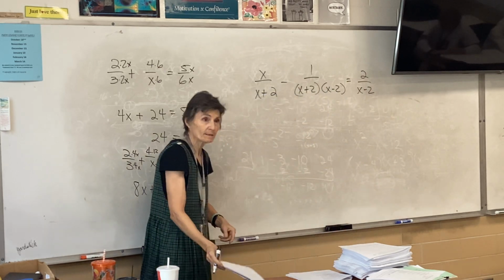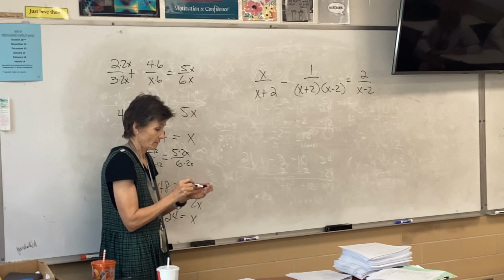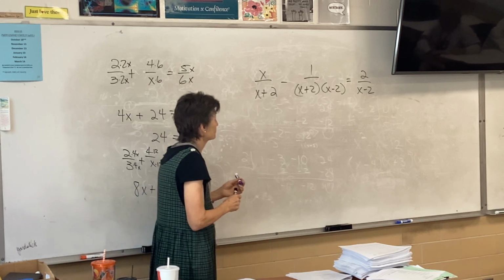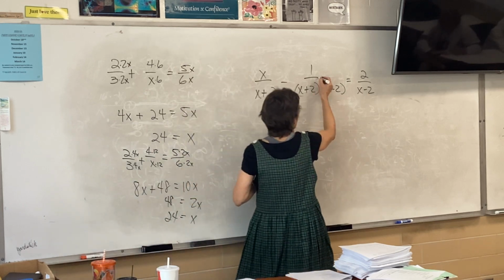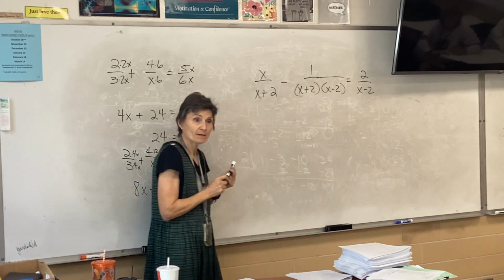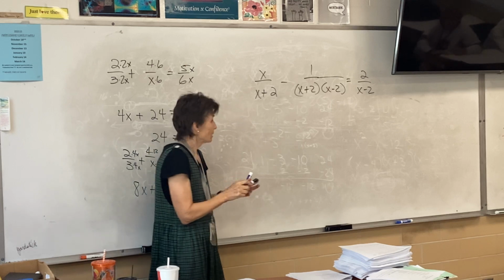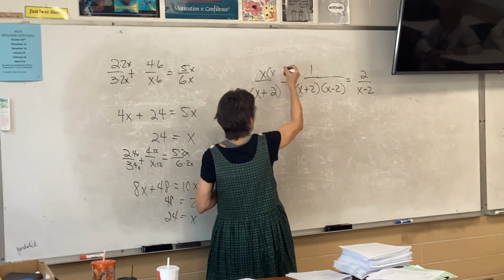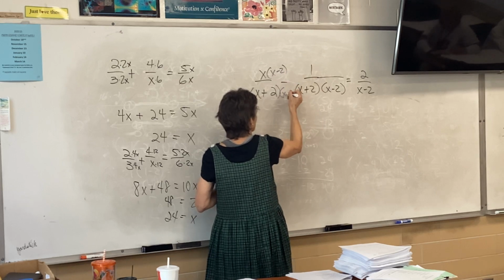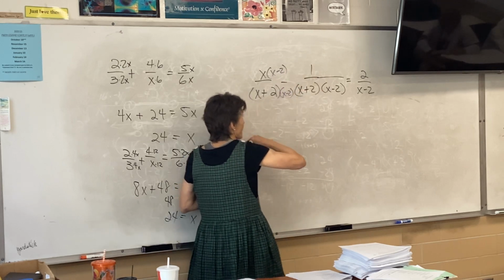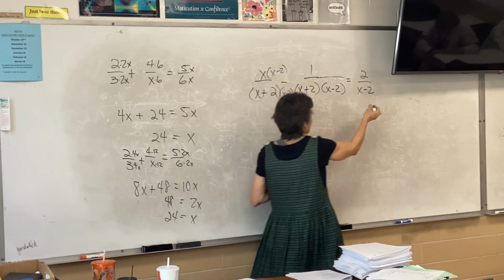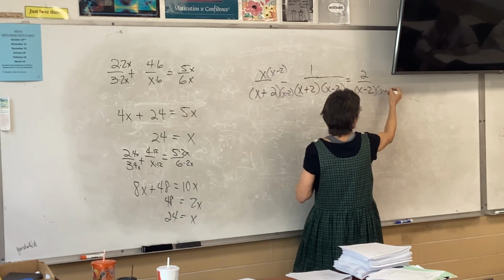Would you agree with me up to this point? What do you want to do now? Multiply x plus 2 by x minus 2. We have to make our denominators match. So this one needs an x minus 2, and that one needs nothing, and this one needs an x plus 2.